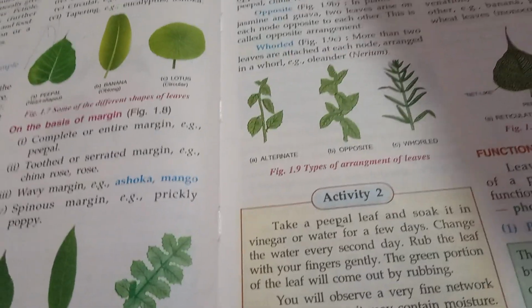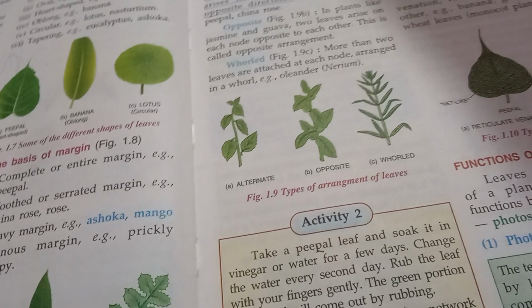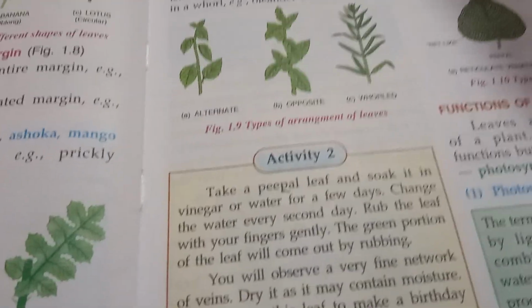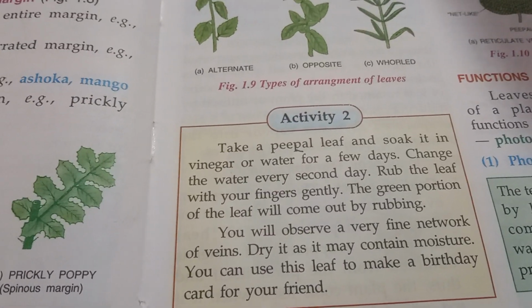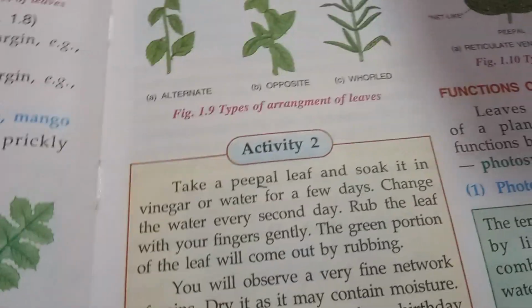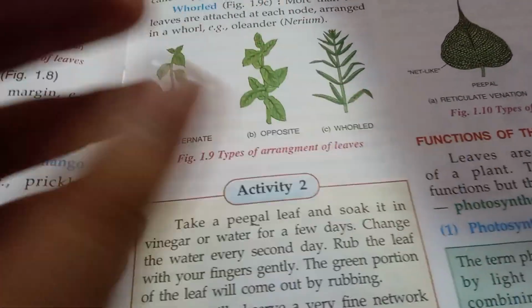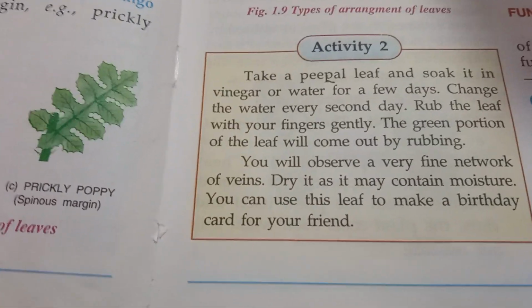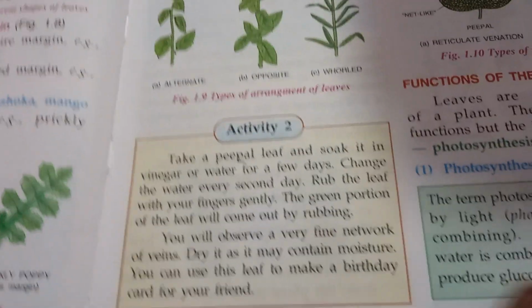You will get to see the veins and the midribs. Now just paint it and use it to make your birthday card, to make anything you like. It is used for crafting, like the plastic feather which comes, like the feather.